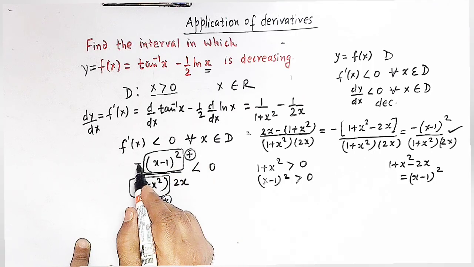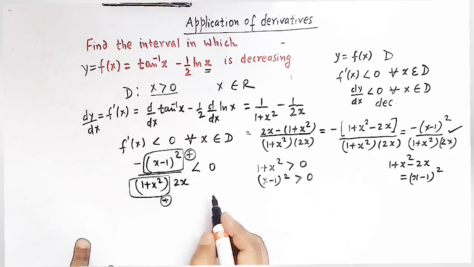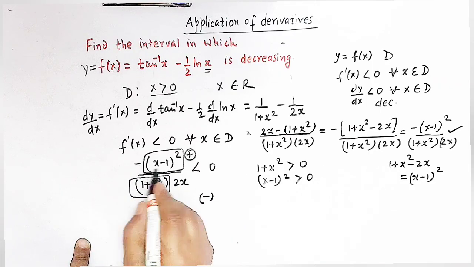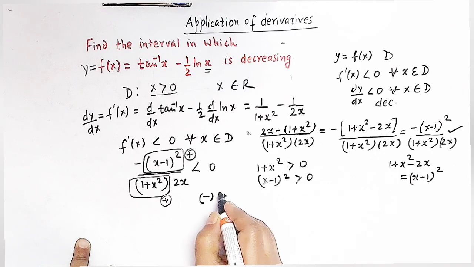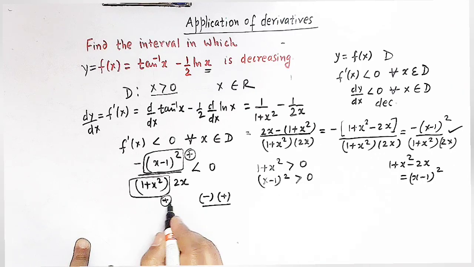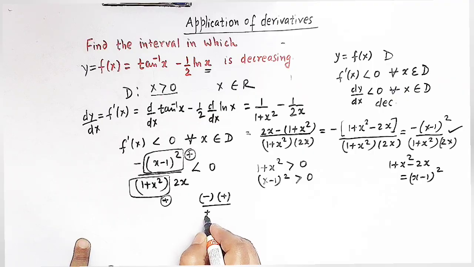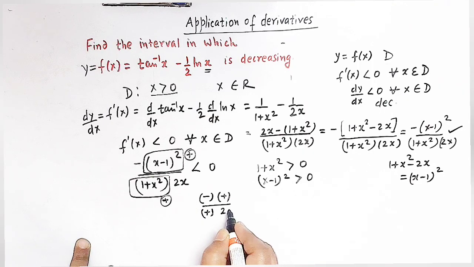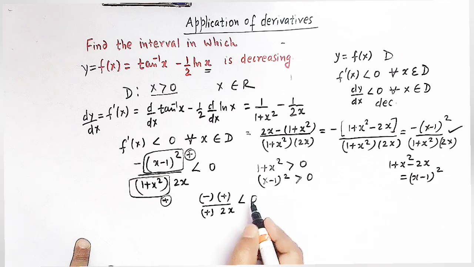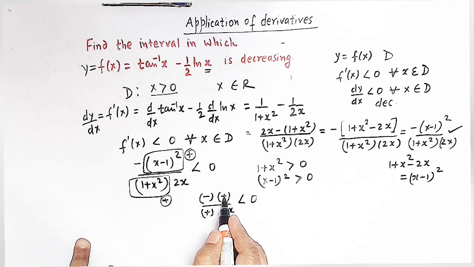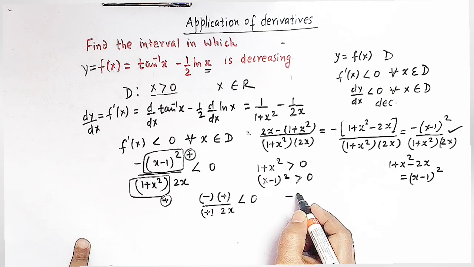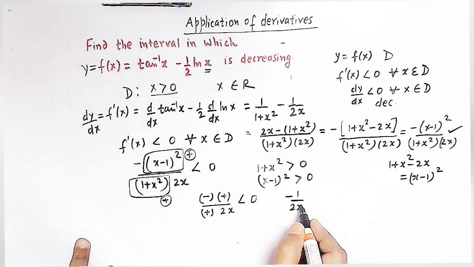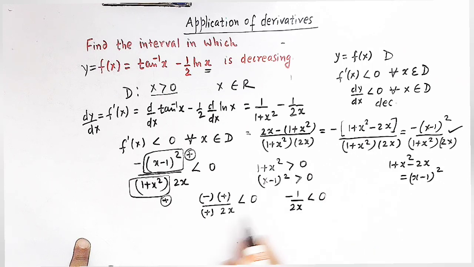So now from this inequality we have the negative sign, and here we have a positive quantity, and in the denominator we have a positive quantity, and this is 2x, right? And this is less than 0. So here minus times plus is minus, so we have minus 1 over 2x less than 0, right?